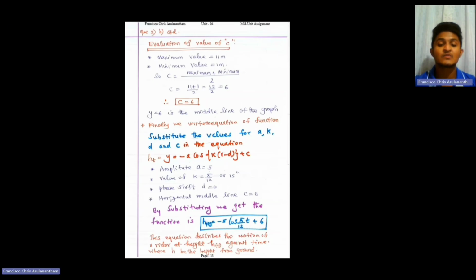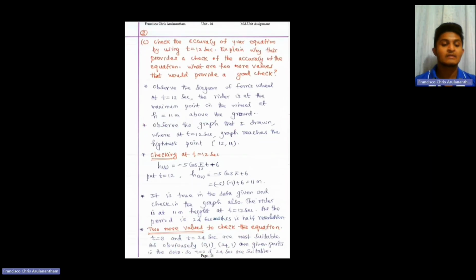By substituting, we will get the function as h(t) equal to minus 5 cos(pi/12 t) plus 6. This equation describes the motion of a rider at height h(t) against time, where h is the height from the ground.